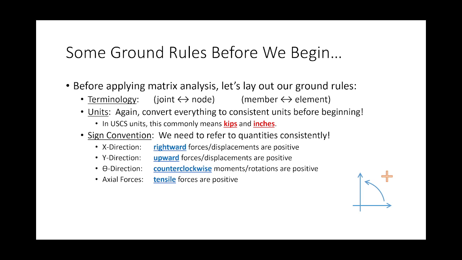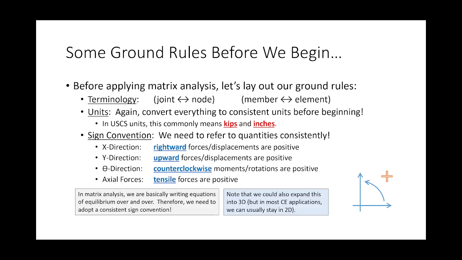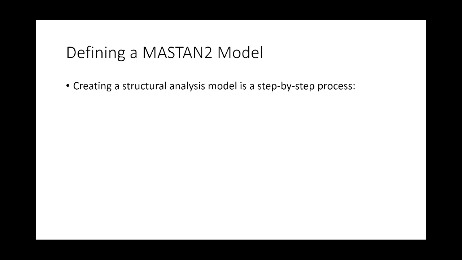For rotations, or moments, we take counterclockwise as positive. Axial forces, we take tensile forces as positive. Everything else, shears and moments, tend to follow what we normally do. We could expand this to 3D, but we're not going to do 3D in here. We usually stay in 2D in civil engineering anyways.